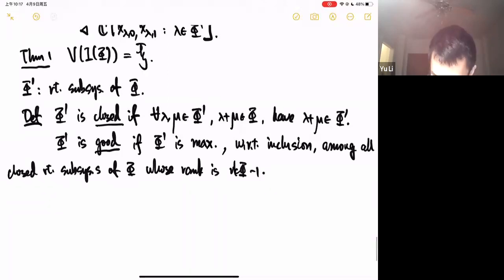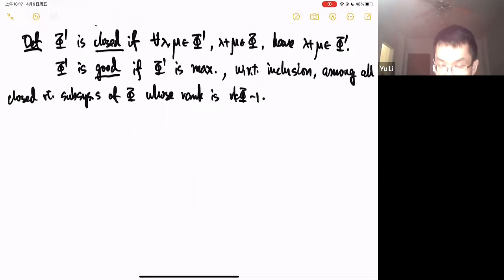So good means maximal among closed co-rank 1 root subsystems.